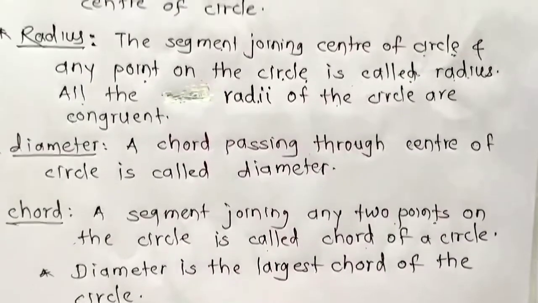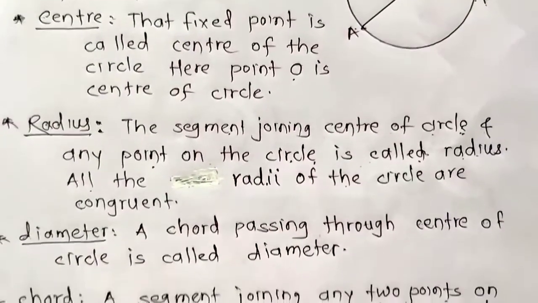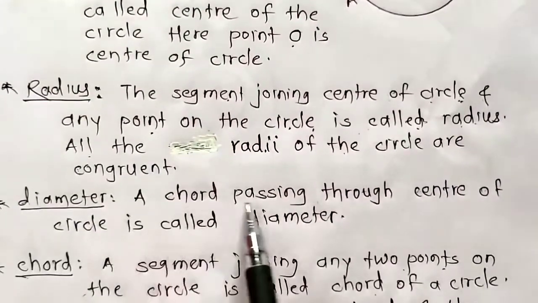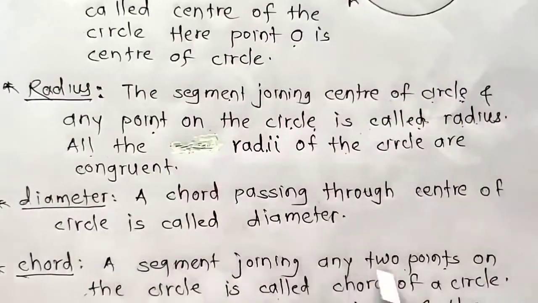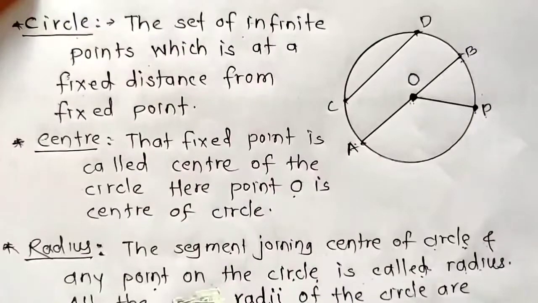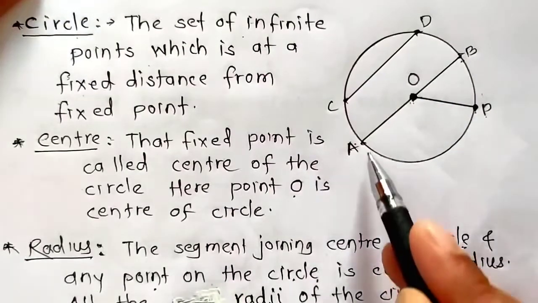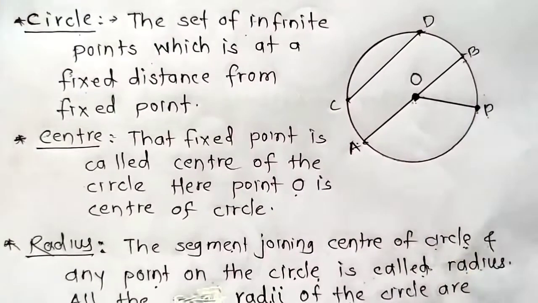Now diameter, the chord which passes through the center. How can we define the diameter? The chord which passes through the center is called the diameter. Here the chord AB is passing through the center of the circle, therefore chord AB is the diameter.